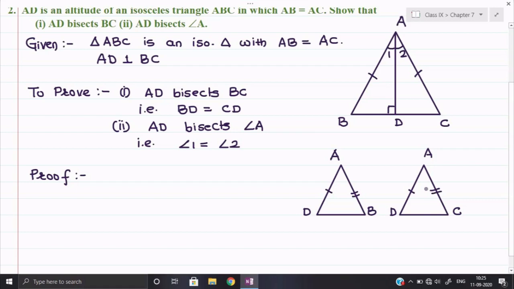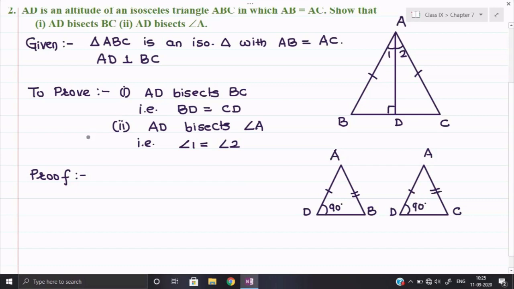So very good. Two sides we got equal, but we require one more corresponding part to be equal, and that should be strictly followed in the proper sequence. Observe, we have given that angle ADB and angle ADC are 90 degrees each. But that doesn't solve our problem. Why?